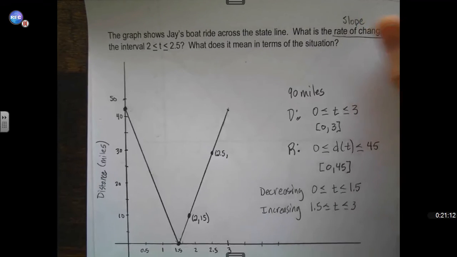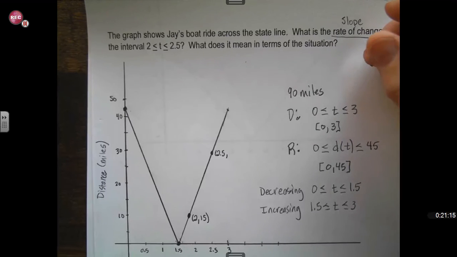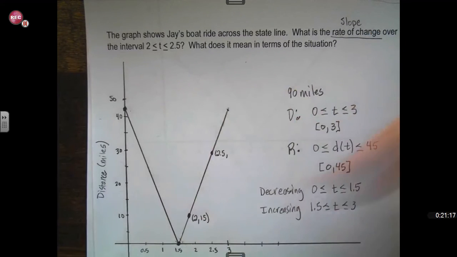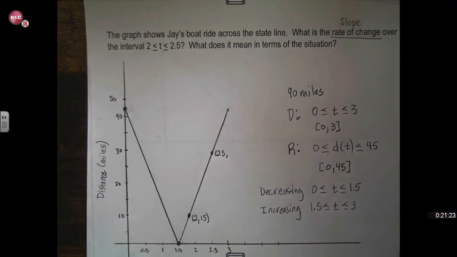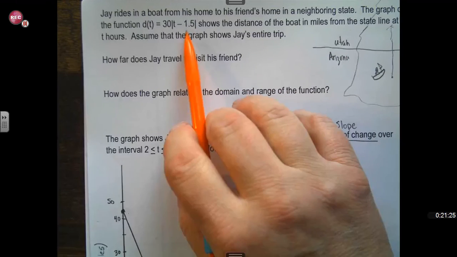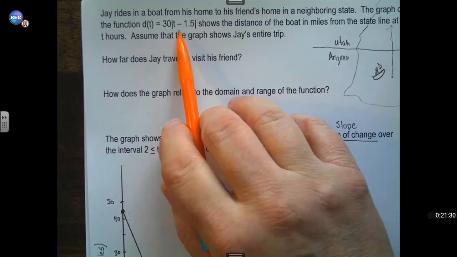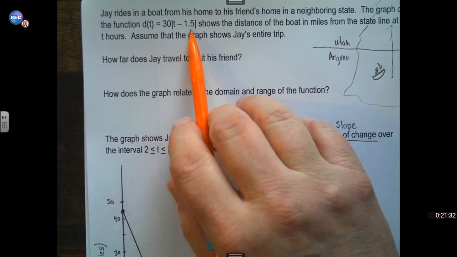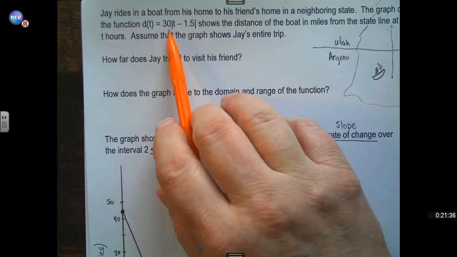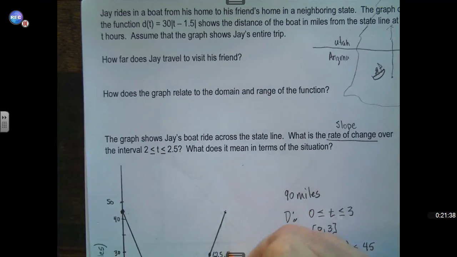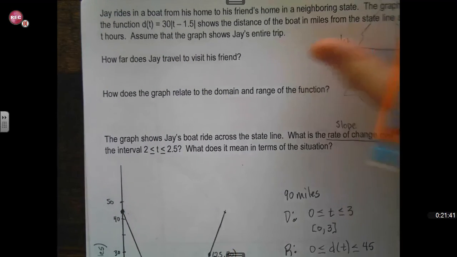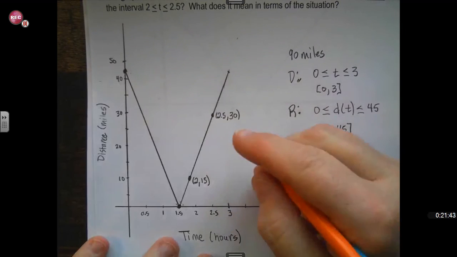If I were using the graph in the book, I would trust it, but I just drew this somewhat freehand, so I would rather take the 2.5 and plug it into the equation. So 2.5 minus 1.5 is 1, and the absolute value of 1 is 1, times 30 is 30. So that ordered pair is (2.5, 30).